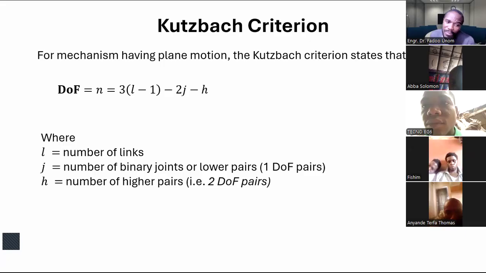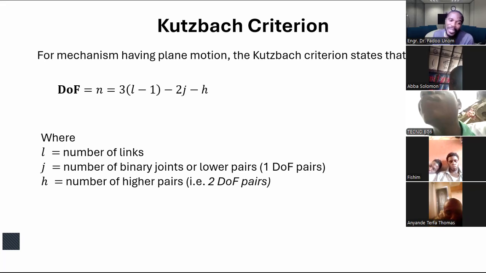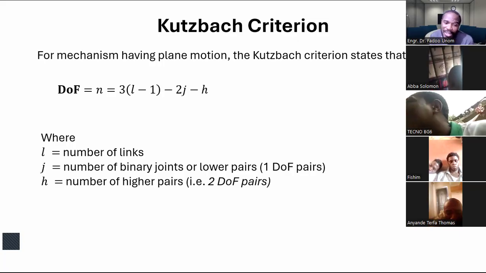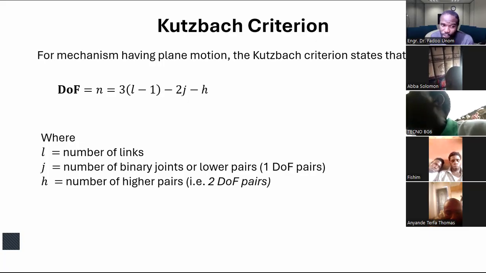L here is the number of links in that mechanism. J is the number of binary joints, or the number of lower pairs in the joint. And H is the number of higher pairs in that joint. So that's the definition.